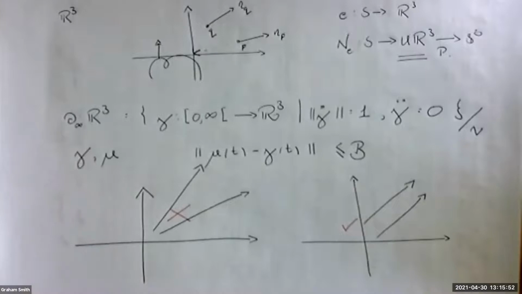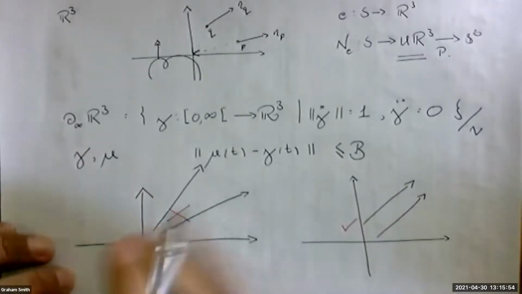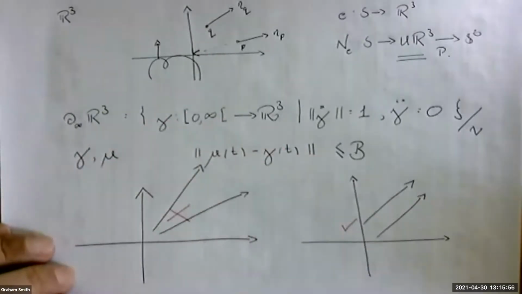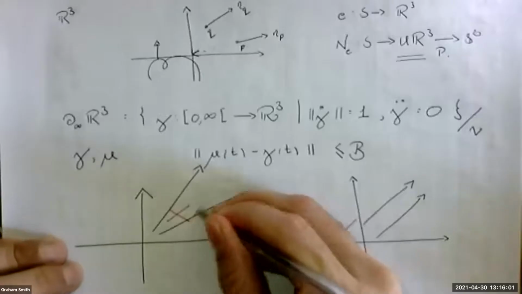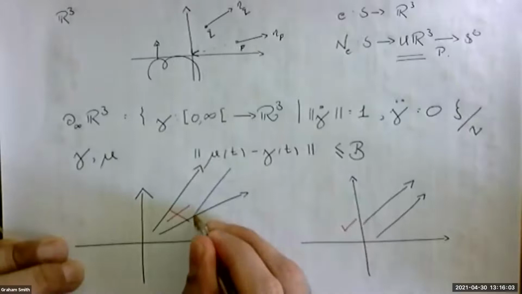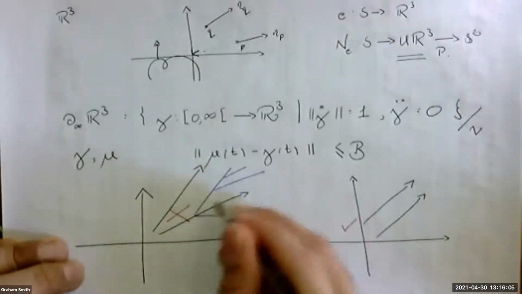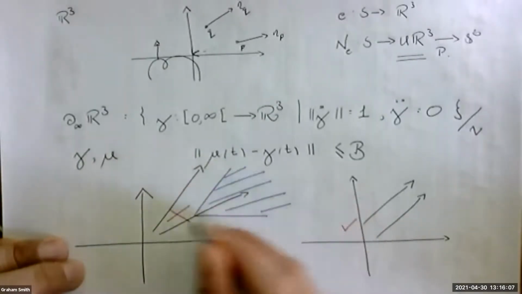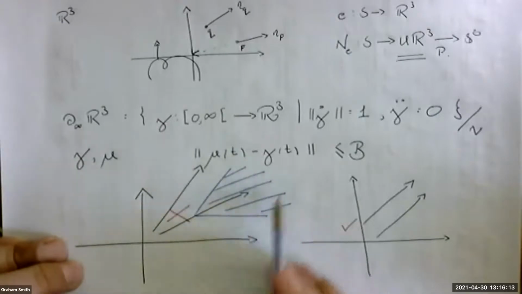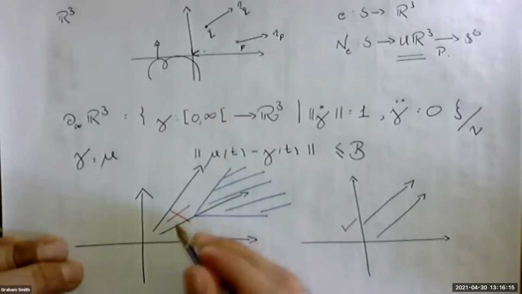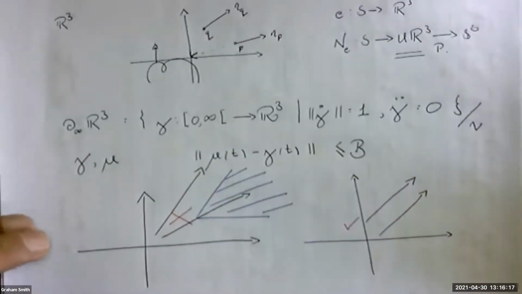In addition, there's a very easy way to put a topology on the space of equivalence classes of geodesic rays, which is the cone topology. Cone topology is defined as follows. I take any open cone about a radial line in R3, and I say that a geodesic is an element of this open set if after a certain time it remains entirely within this cone.